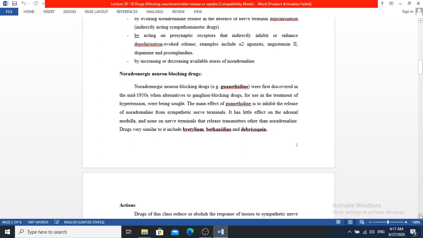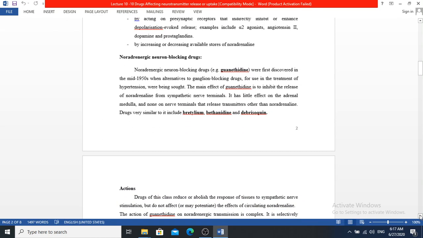The first one is noradrenergic neuron blocking drugs like guanethidine, first discovered in 1950, when alternatives to ganglion blocking drugs for use in the treatment of hypertension were being sought.